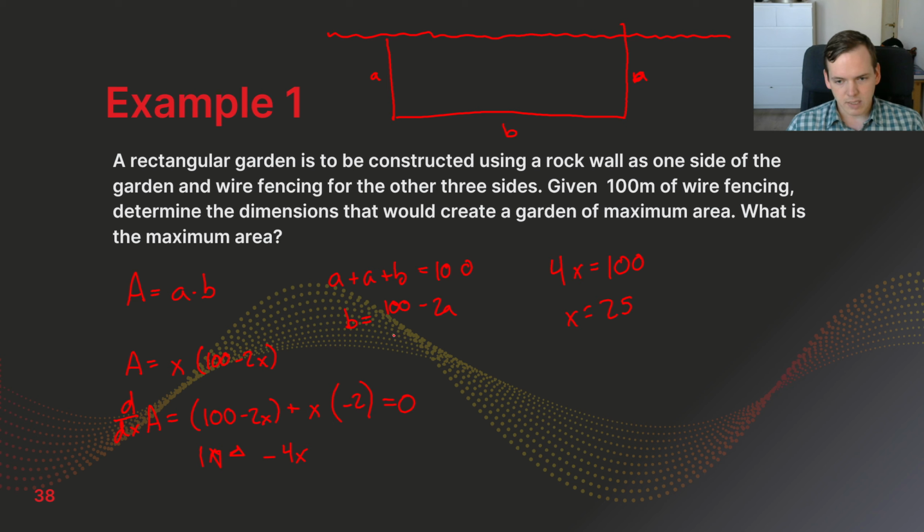So if we plug x in, we get 25 times 100 minus 2 times 25, which will be 25 times 50, which is 1,250 feet squared. So that's what we're doing here. We're just basically finding derivatives, finding critical points, and then figuring out which of the critical points we want to work with.